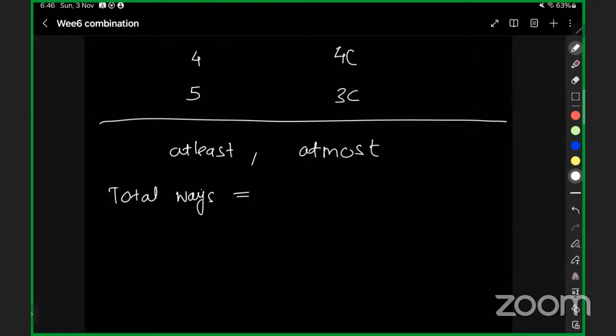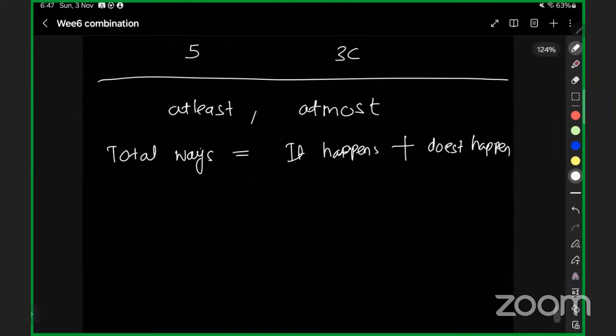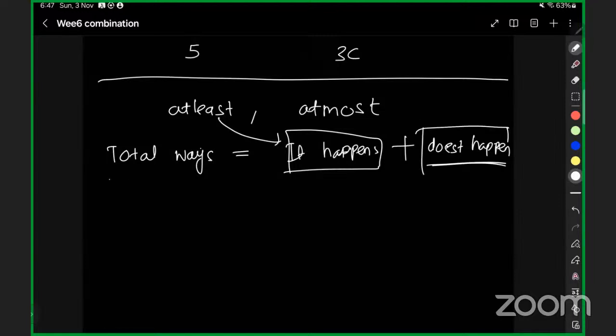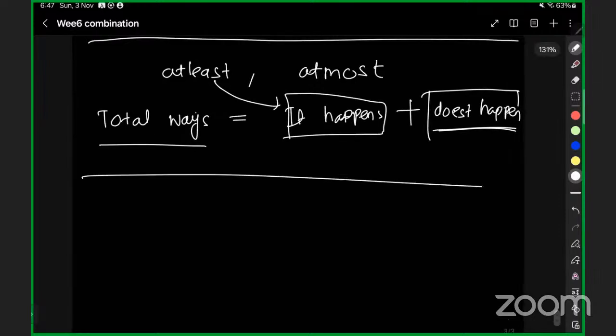Two things can happen: something happens, and something doesn't happen, and this is the only way you will have total ways. So sometimes, when we have an at least part, we can figure out the case where it's not happening and subtract that from the total ways.